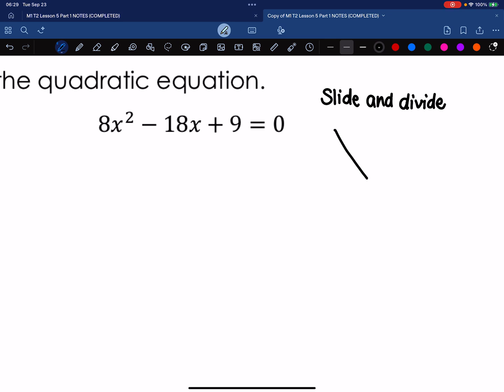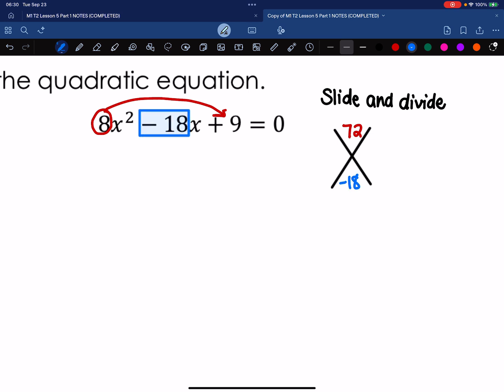So I'm going to go ahead and bring out the x. We're going to slide this 8 and multiply it times 9. That gives us 72. Then what we're going to do is take the negative 18 and put it on bottom.